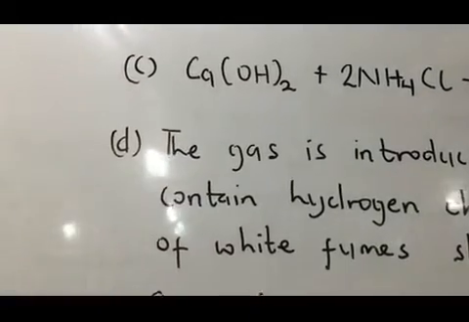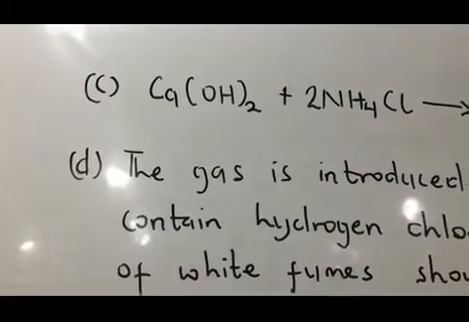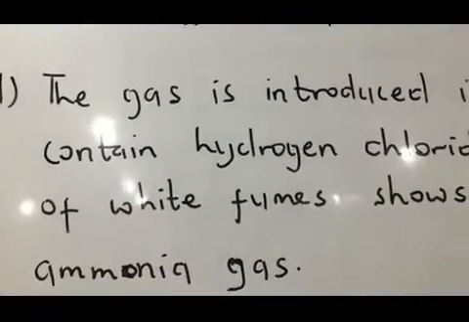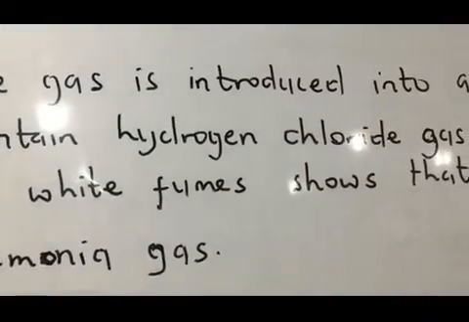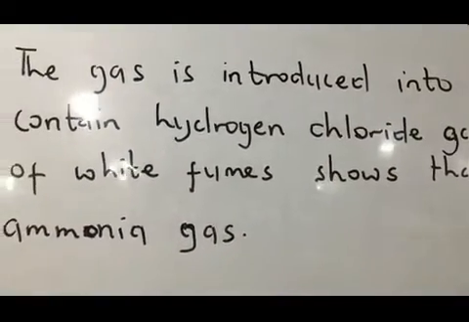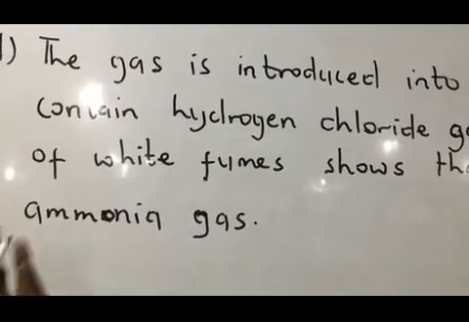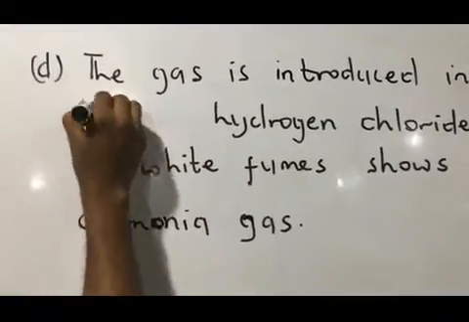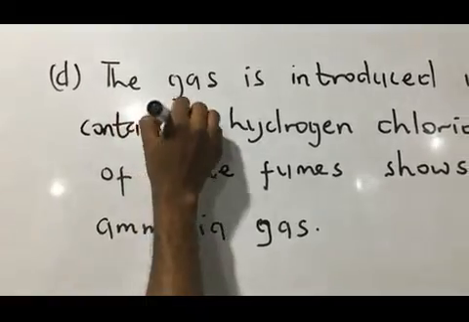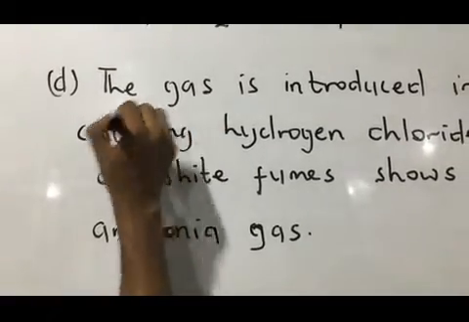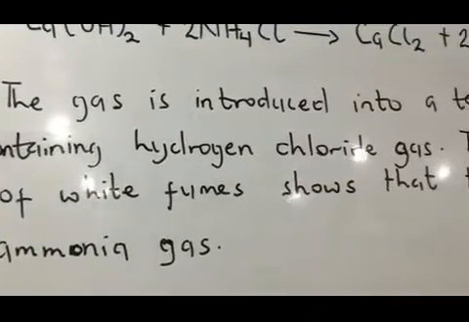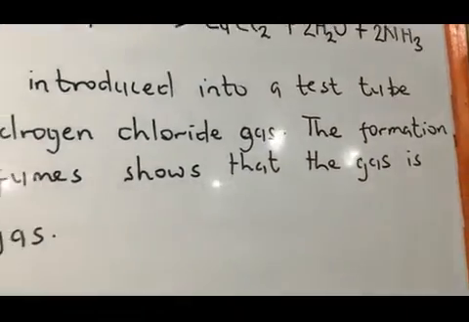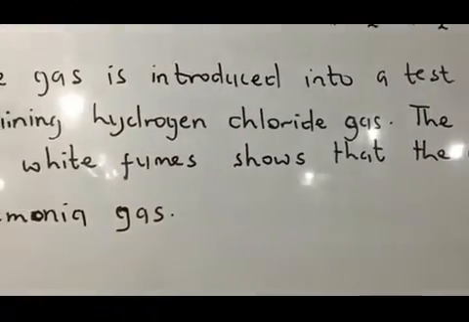So to test for ammonia gas, you introduce the gas into a test tube containing hydrogen chloride gas. The formation of white fumes shows that the gas is ammonia gas.